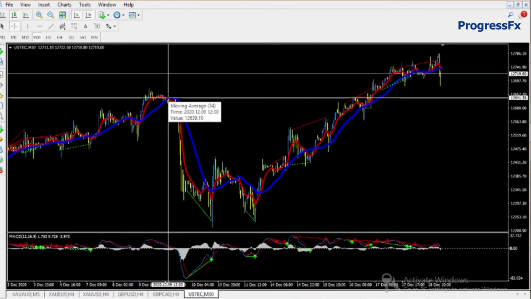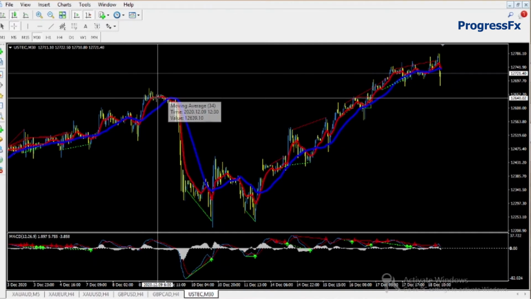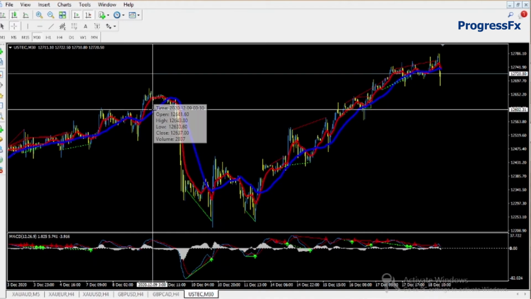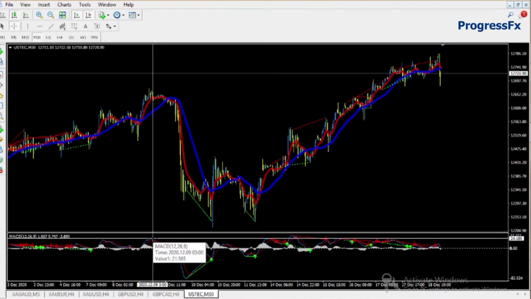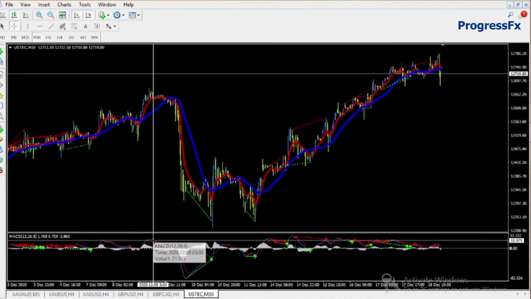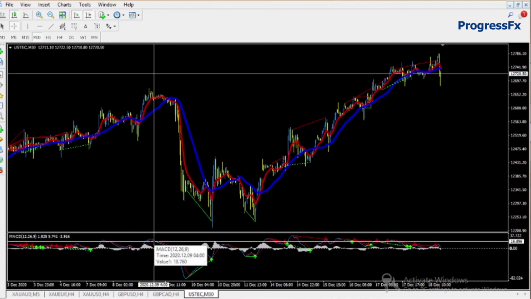That is the 10 EMA crossed with the 34 SMA in this place. But before then is what you should understand here. Before then, the MACD signal line, look at it here, this place. The blue MACD signal line crossed below the 10 signal line.